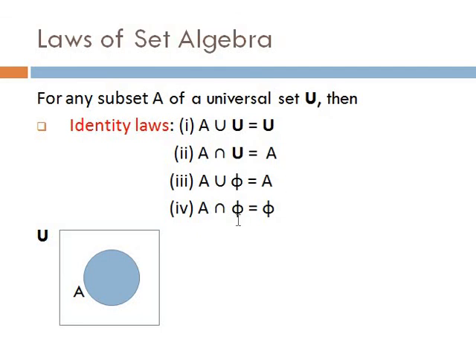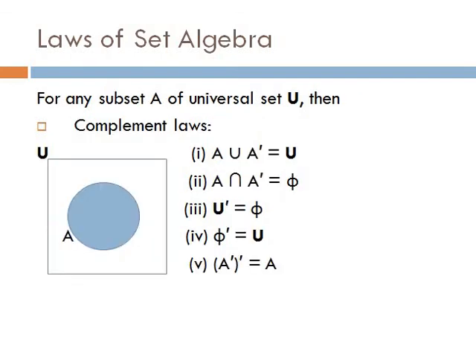And intersection with phi is always phi, because there is nothing common between A and phi, since phi has no element. So A intersection phi equals phi. These are the identity laws.